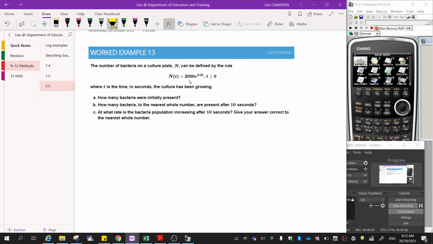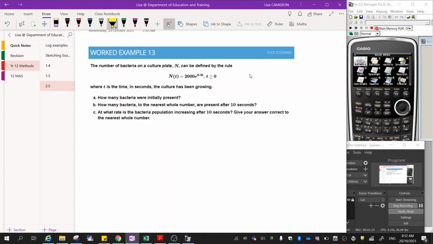So, if I substitute in a value here for T, it should tell me when time is this many seconds, how many cultures are present or how many of that bacteria is present. So it's at that time, this is how many we have. Now that is different to if we have a rate.